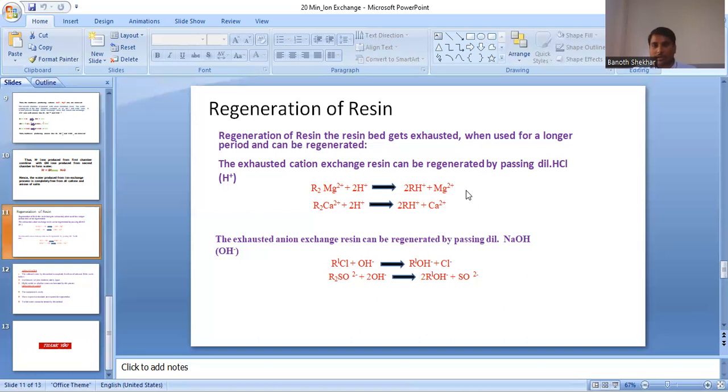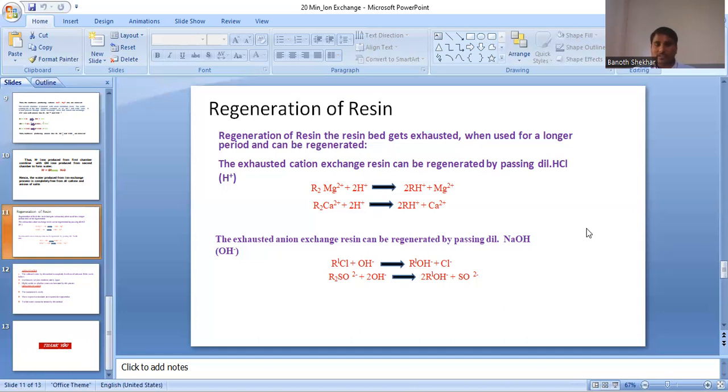So why are we using these dilute HCl and NaOH? If you see here, the dilute HCl is suitable for the cation exchange resins. In this dilute HCl, we have H plus and Cl minus. So that H plus goes and interacts with the membrane containing magnesium or calcium, which is replaced by the H plus.